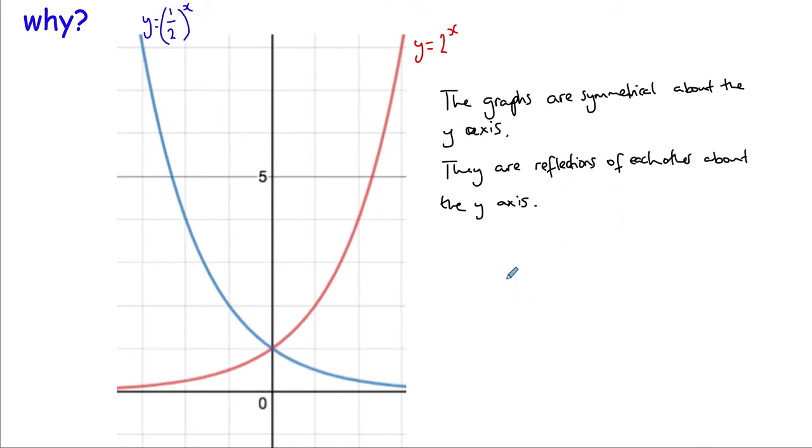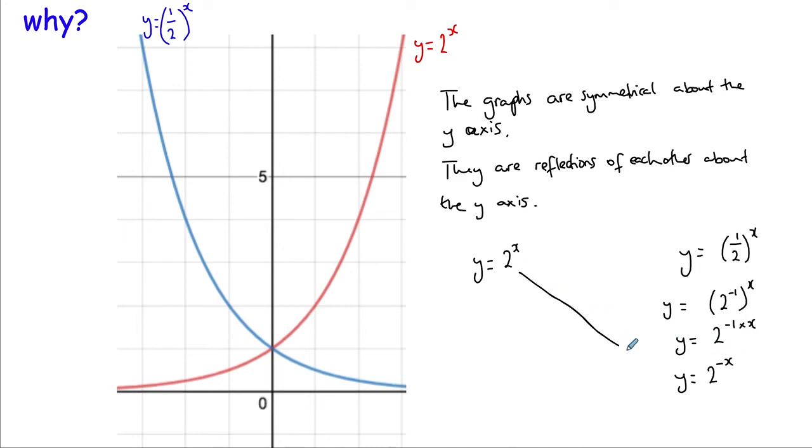And the reason I can do that is if we start with y equals 2 to the power of x, and we turn it into a half to the power of x, we can do that by rewriting a half as 2 to the power of minus 1. 2 to the power of minus 1 to the power of x, a little bit of index law knowledge needed here, but that's the same as minus 1 times x, which is the same as 2 to the power of minus x.